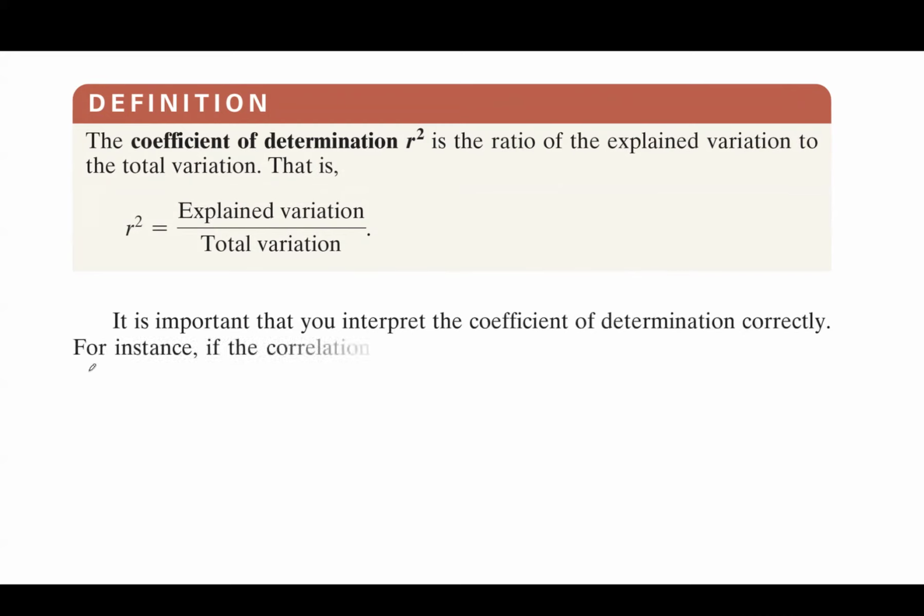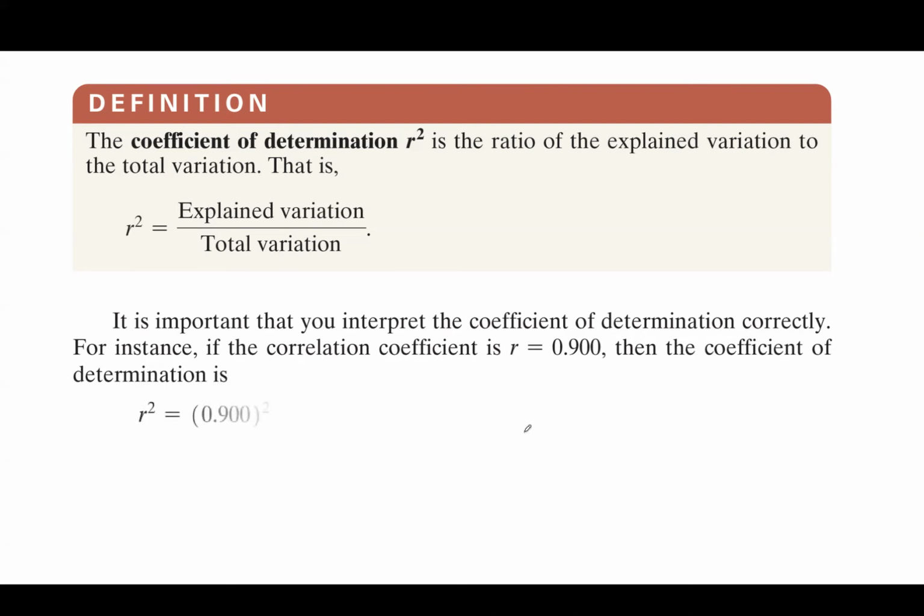For example, if the correlation coefficient is R equals 90%, then the coefficient of determination R squared is 90% multiplied by itself, which is 0.81.